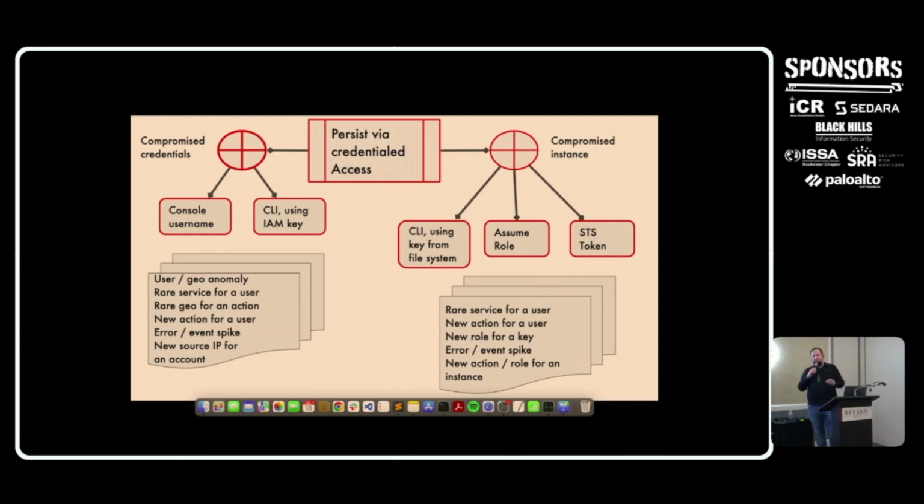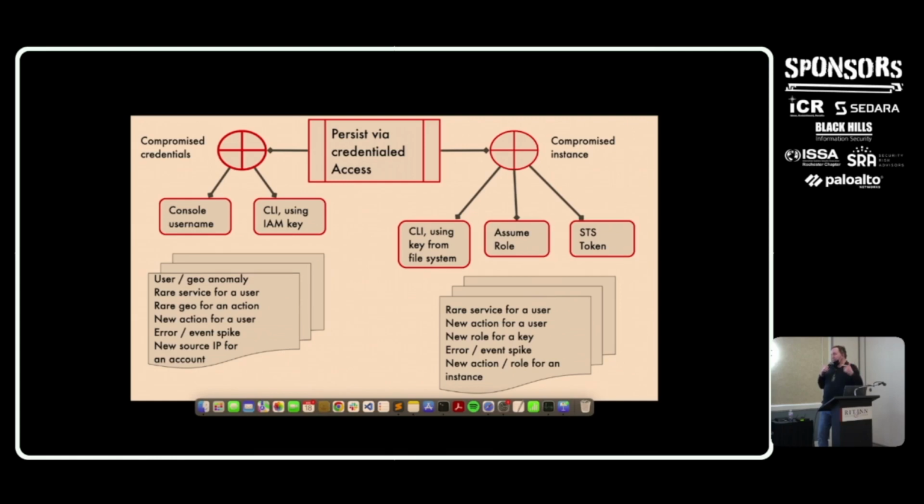If they've compromised a persistent key, like a key that has a long lifetime, they could be coming in from anywhere. It could be from a laptop on their desk, or a virtual machine server in the cloud, or some combination of the two.